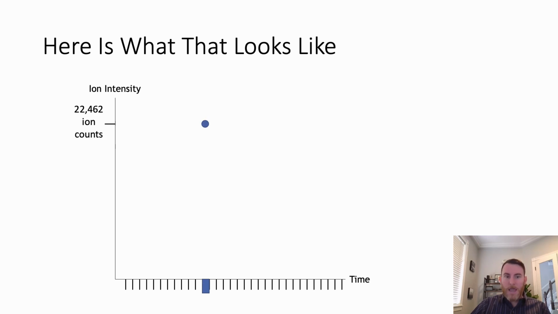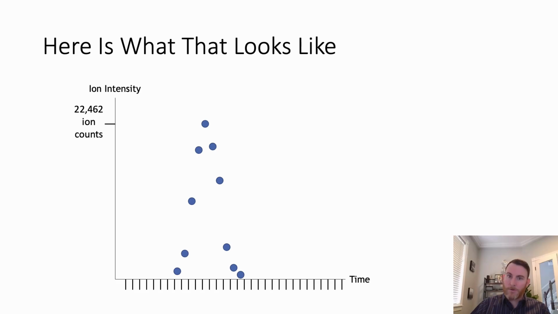And now let's say in that next time frame right next to it, it counted 22,462 ions. Now, if you were to look at each one of these time frames independently for that same exact transition, you can see that the ions are being counted, and you can see that they go up to a peak, and then they go back down.